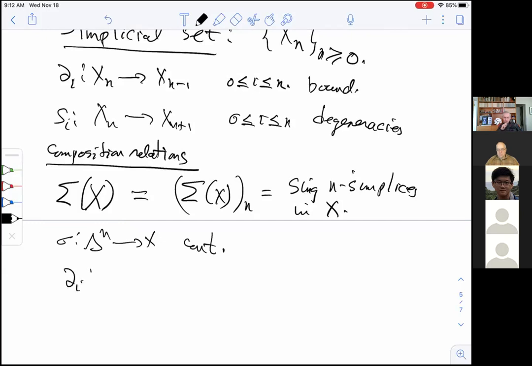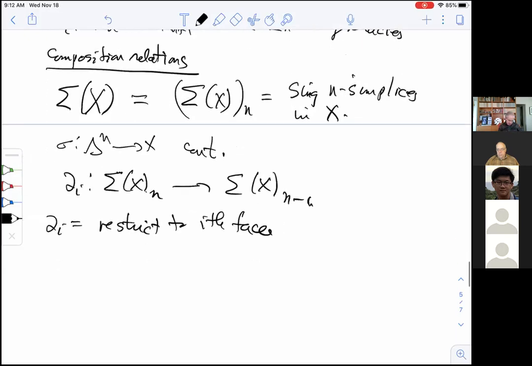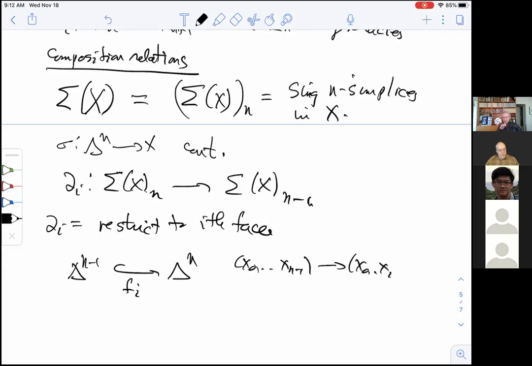Now what about the boundary maps from sigma X_n to sigma X_{n-1}? Boundary i is simply restriction to the ith face. So there's an inclusion of delta n minus 1 into delta n, the ith face, which sends (x_0, up to x_{n-1}) to (x_0, up to x_{i-1}, then 0, then x_i up to x_{n-1}).